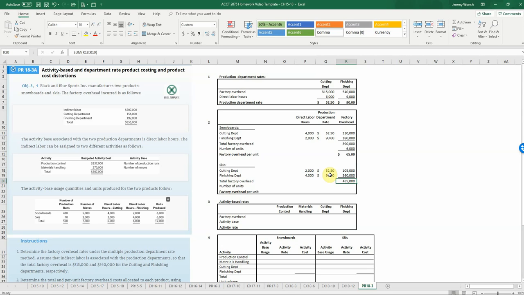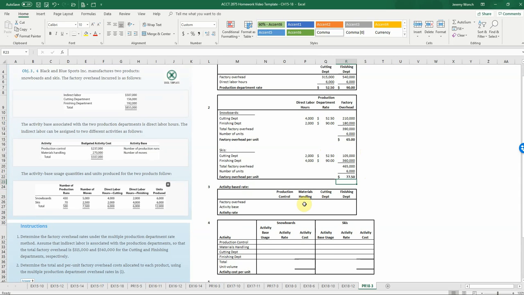So the total overhead for all the skis would be $465,000. They did 6,000 units as well. Divide that out, and we have $77.50 of overhead per ski, or pair of skis, I'm assuming. So under the departmental basis, snowboards receive less overhead per unit than the skis do.